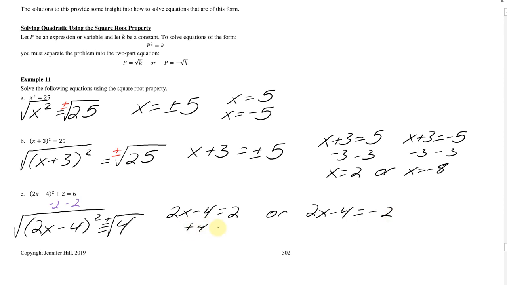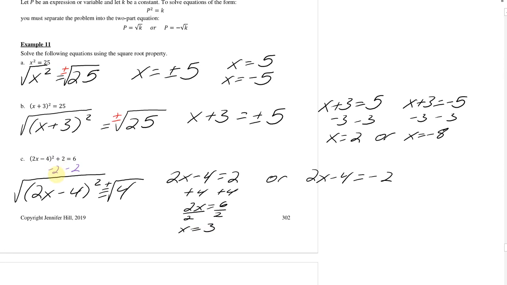I'll add 4 to each side, so I get 2x equals 6. Divide each side by 2, I get x equals 3. And for this other one, I'll add 4 to each side, so I get 2x equals 2. Divide each side by 2, I get x equals 1. So there are my two solutions, 3 and 1.